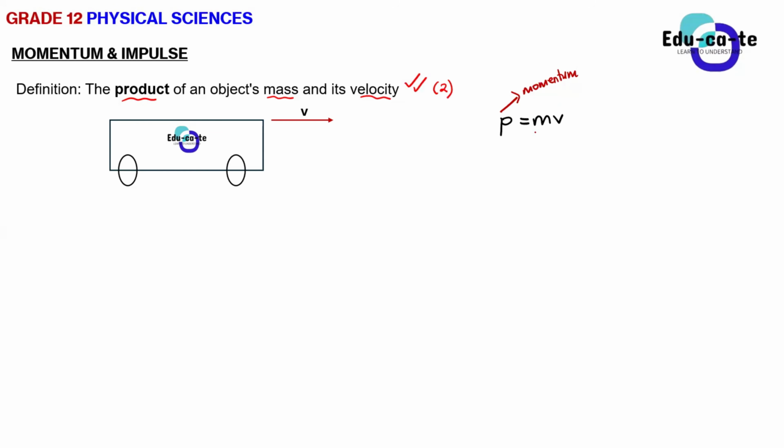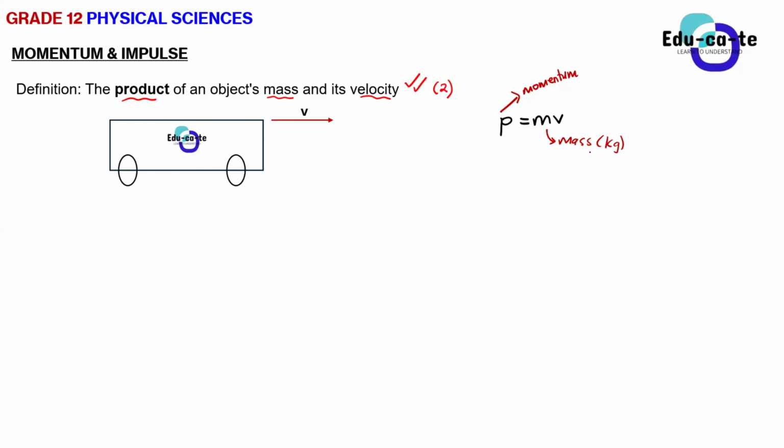Now, how do you measure mass? What is the standard unit we use from your previous grades? Kilograms. So whenever you substitute the mass of an object into the momentum formula, the mass must be in kilograms.